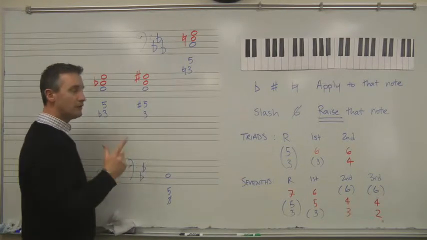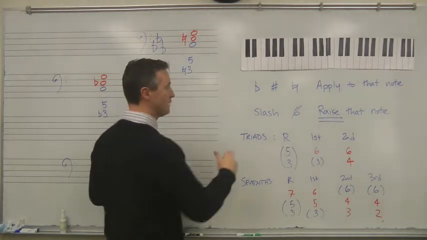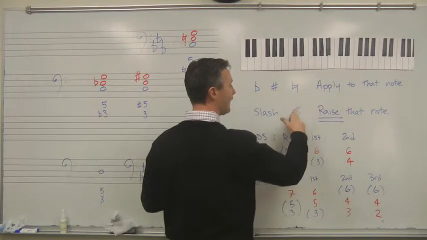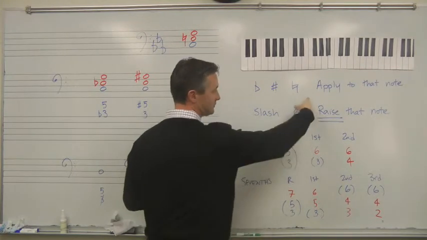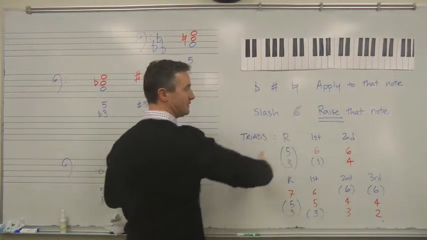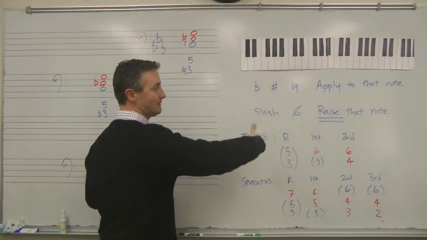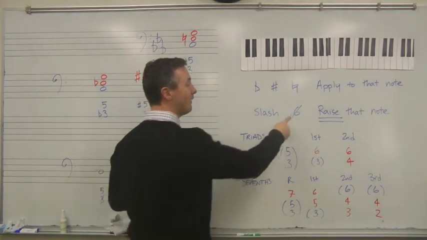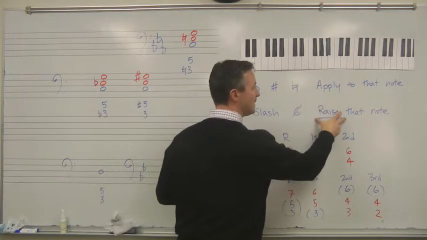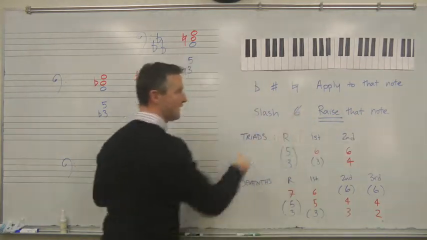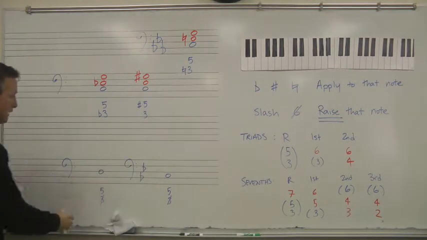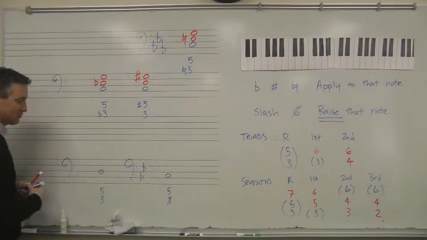Now, there's one other thing that you need to know that's additional information, and that is you can have a figure with a slash through it. You see this sideways slash cutting the figure, kind of like it's cutting it in half. That means that you raise that note, again, that interval distance. So let's look here. We have 5/3.